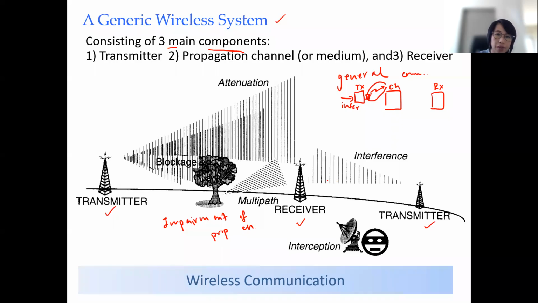Then you have to understand the technique behind it to improve the quality of the signal. To improve the quality of the signal means that the signal within that system may degrade for some reason. So this is a kind of problem of wireless propagation.